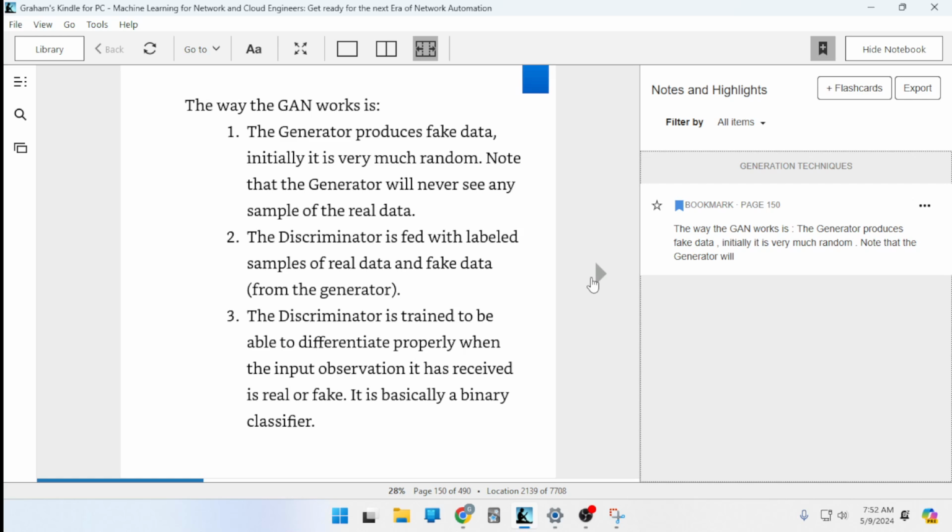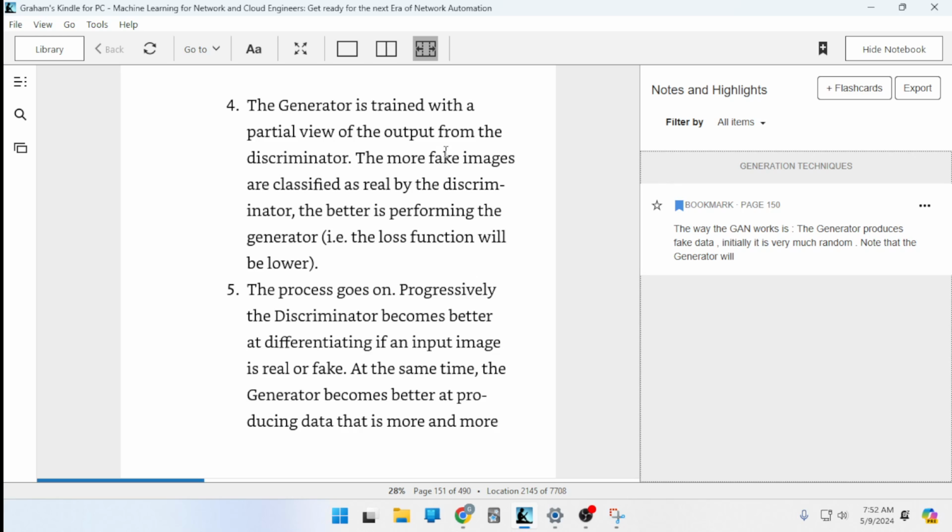It is basically a binary classifier. Number four, the generator is trained with a partial view of the output from the discriminator. The more fake images are classified as real by the discriminator, the better the generator is performing. For example, the loss function will be lower.